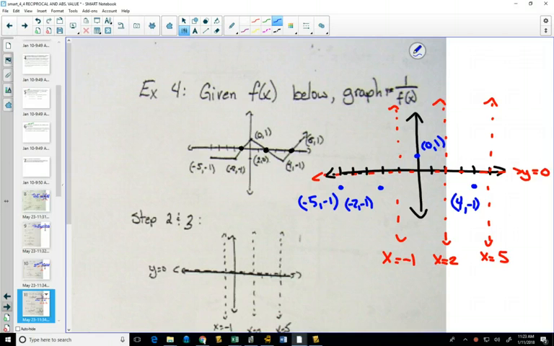And 6, 1 is going to stay. Any time that your y values are 1 or -1, they stay the same because you do 1 over that.